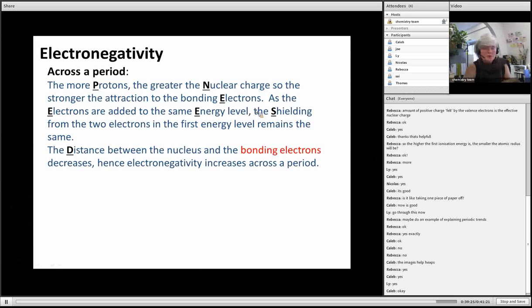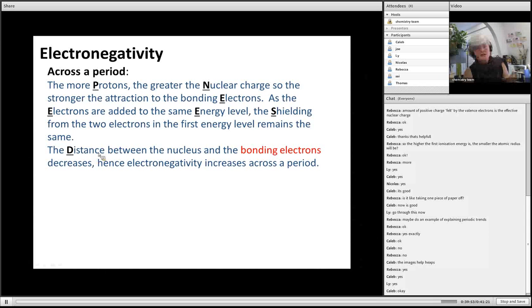Okay, but because we're going across the period, we're not adding more energy levels. It's the same energy level, so the shielding stays the same. So our effective nuclear charge is definitely increasing because we have the same amount of shielding, and that would make that attraction stronger. So there'll be a bigger electronegativity. It'll attract those electrons more strongly.